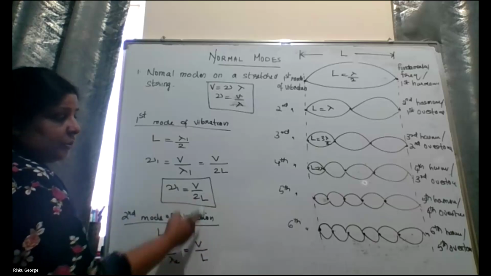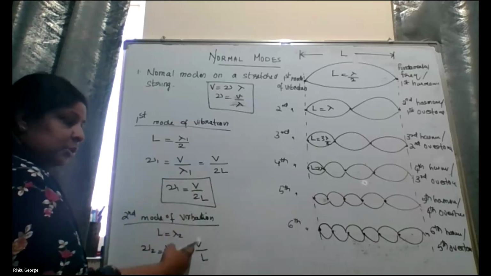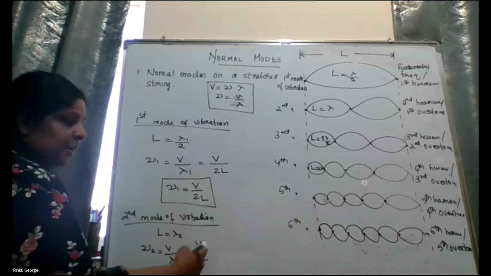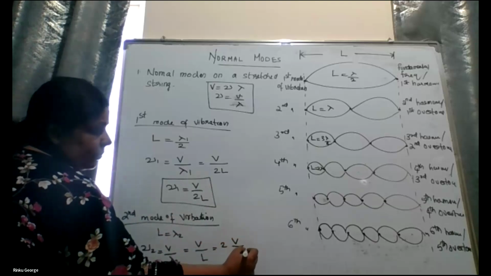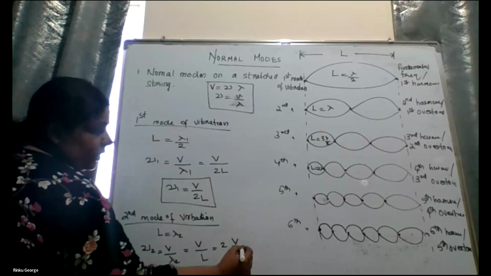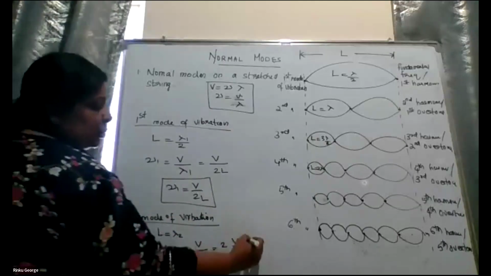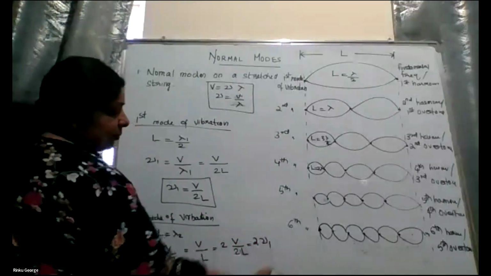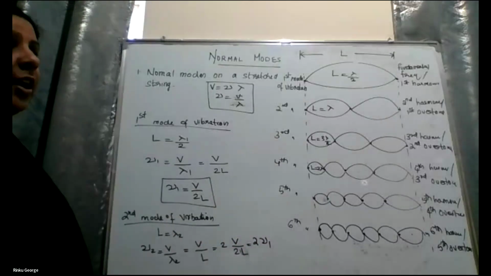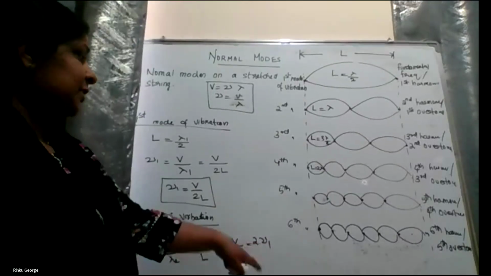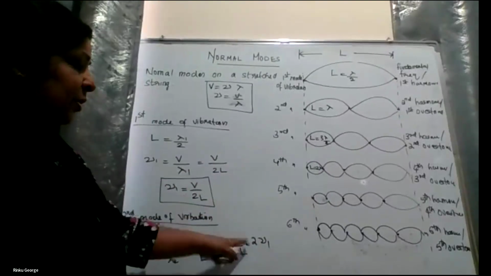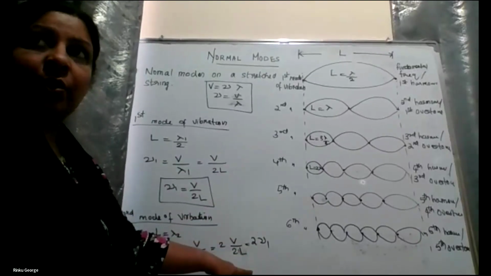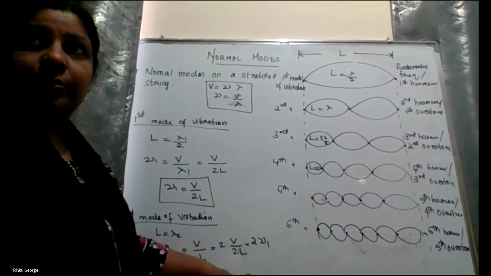This is V by 2L, so in order to get it in this term, I will multiply denominator and numerator with 2. So this will be 2 times nu 1. That's why this is known as first overtone. This was the first harmonic. This is the second harmonic or first overtone, 2 nu.